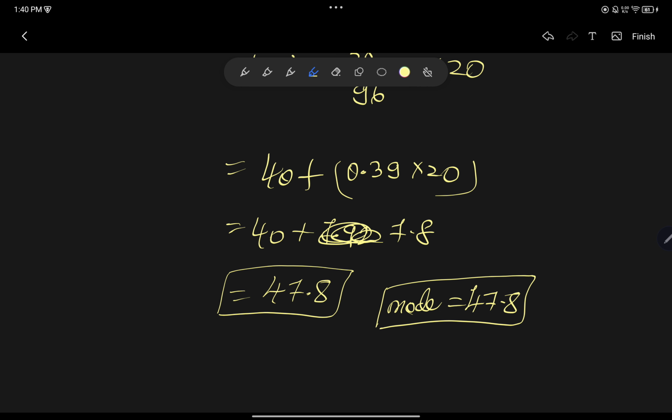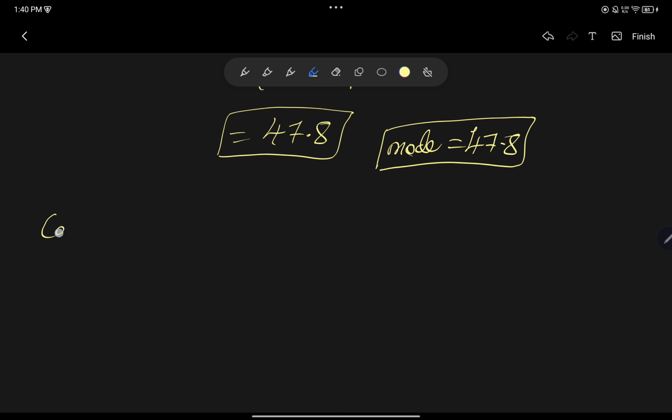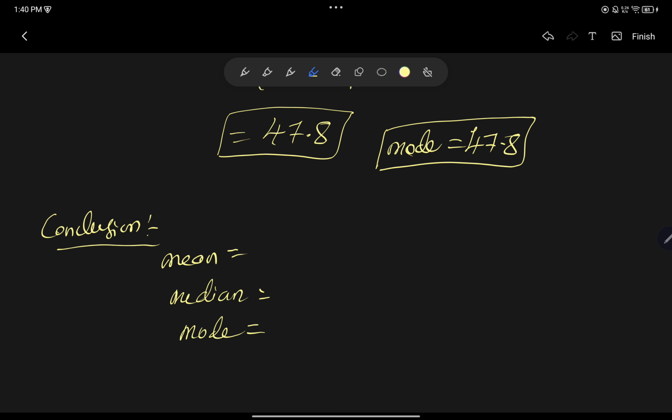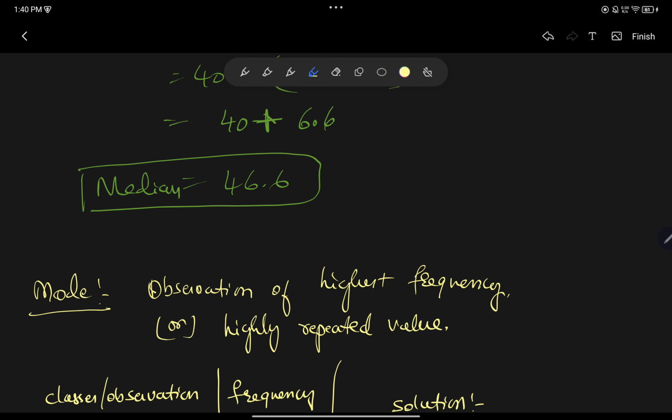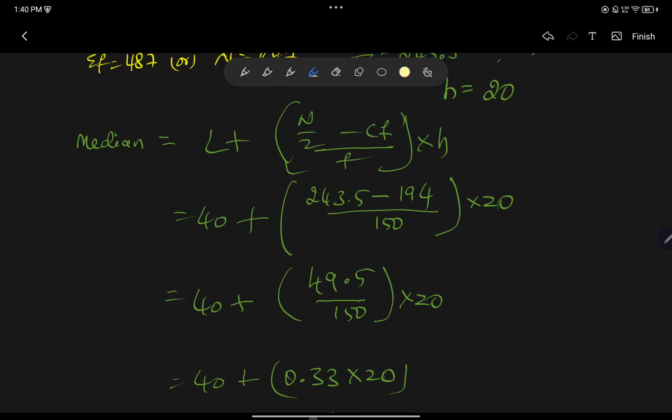At the end, you have to write a conclusion in the examination. Therefore, mean is, median is, mode is, like that. Mode is 47.8. How much was the median? Median was 46.6.